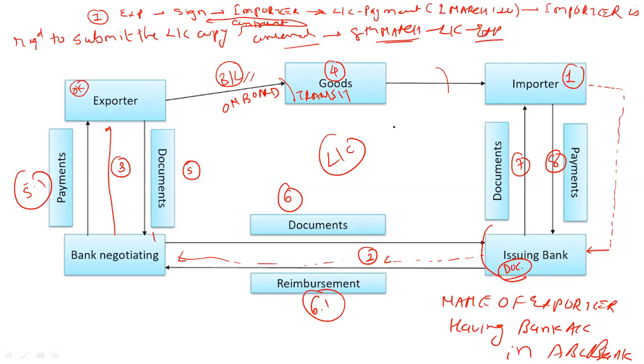Now all the documents are with the issuing bank, and during this period the goods have reached the importer's port. If the importer wants to take custody from the customs department of his country, he needs to submit all the documents. So when he requires the documents, he needs to pay all the money to the issuing bank. Now, that is between the issuing bank and the importer.